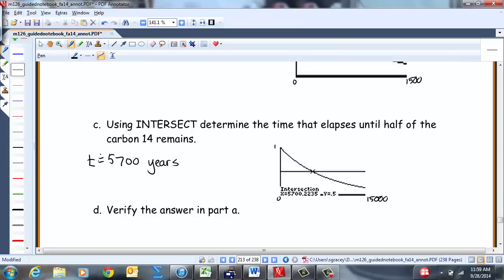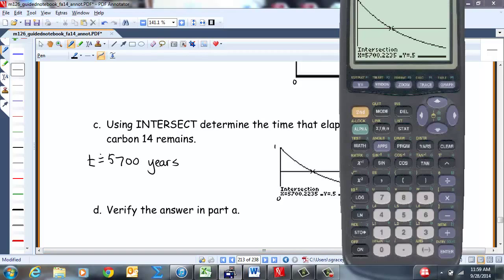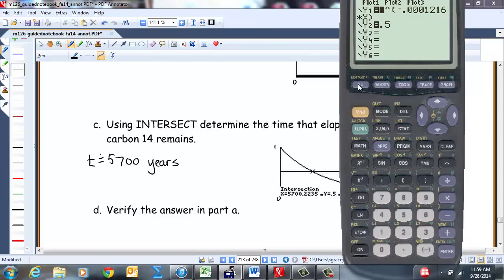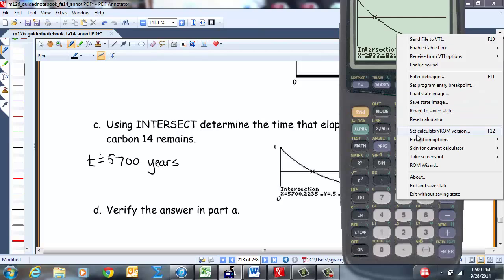All right, and then let's verify our answer in part A. So what do you think we should do? What should we let y2 equal this time? Good, you got it. y2 should equal 0.7. All right, so we were right, 2,933.